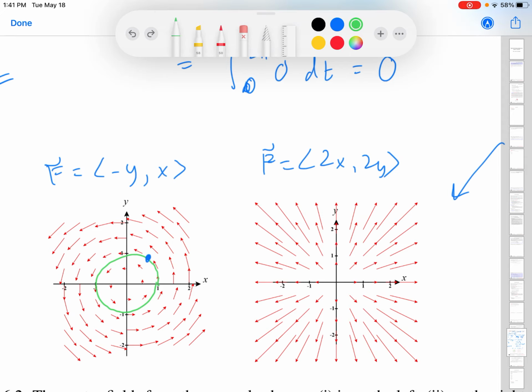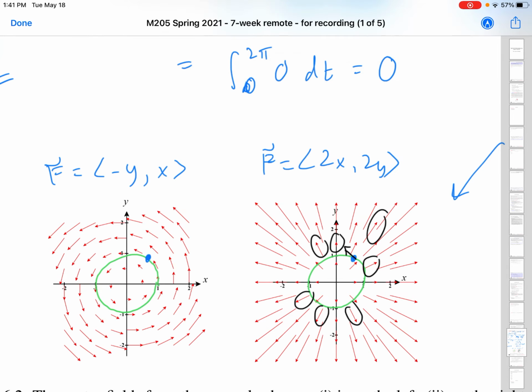If I draw a circle here, the unit circle, you can see what's happening, which is that all of the vectors are everywhere perpendicular to this unit circle. So if I place a bead on the circle, like right here, and then I ask, is it going to move? The answer is no, because no portion of the vectors here are ever tangent to this circle.